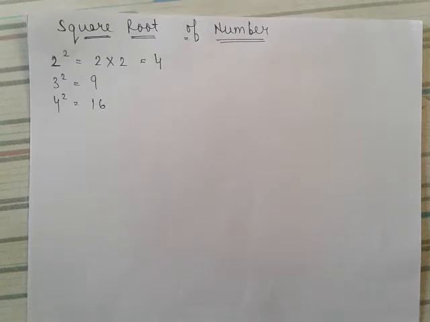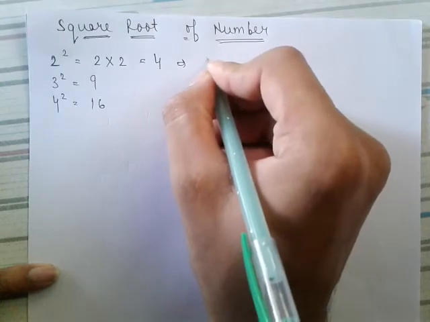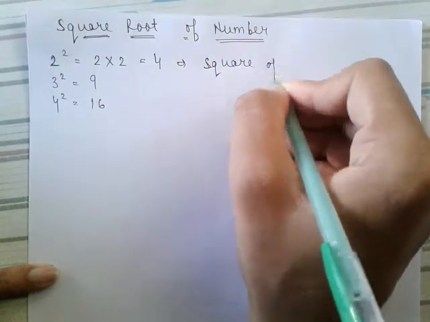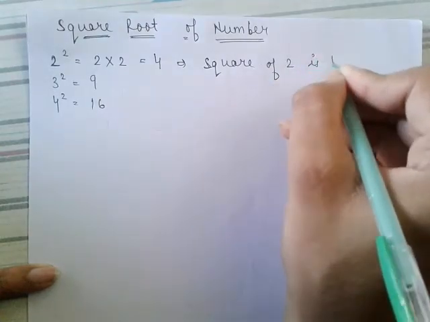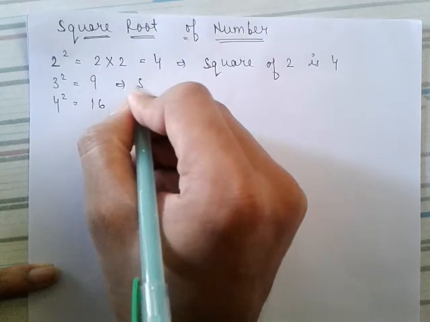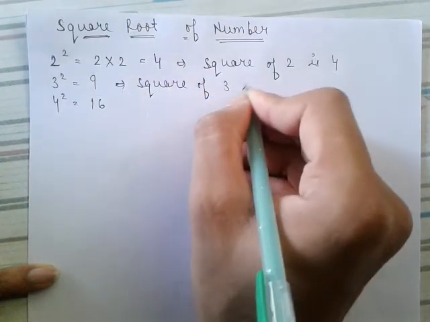But if we want to write it in the form of words, how can we write it? We can write it like this: square of 2 is 4, and we can also write the square of 3 is 9.